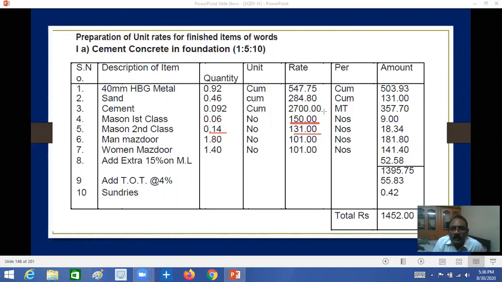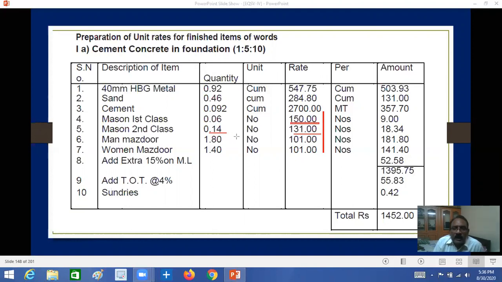See here, if you look from top to bottom, these rates are reducing, so skilled labor will have more rates. Present rates you can inquire in your local area. Suppose this is 1000 rupees, second class is 800, and mazdoor is 600, and like that you will have 500. Rates will be reduced according to skilled, unskilled, and ordinary labor.